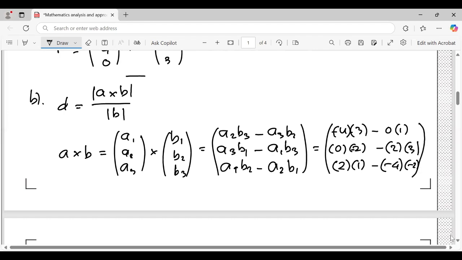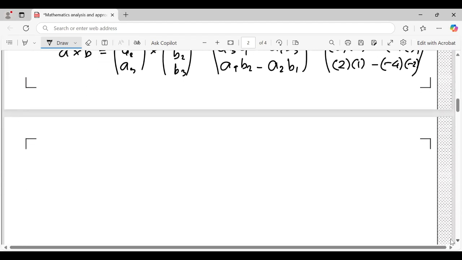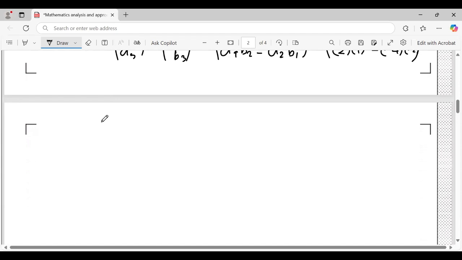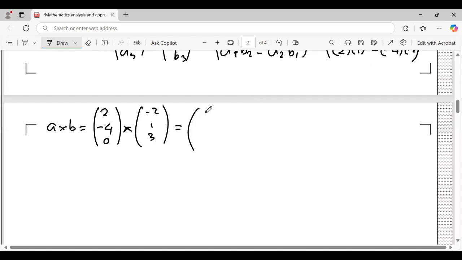Okay. Scroll down. So A cross B, we gain (2, minus 4, 0) crossed with (minus 2, 1, 3). And this is the calculation, and the result is (minus 12, minus 6, minus 6).